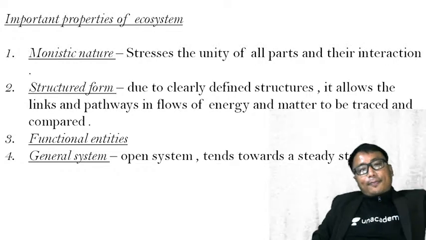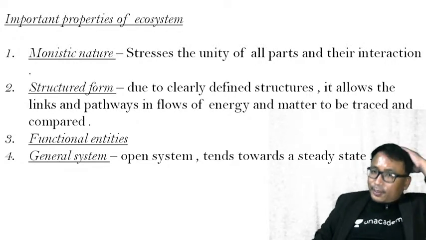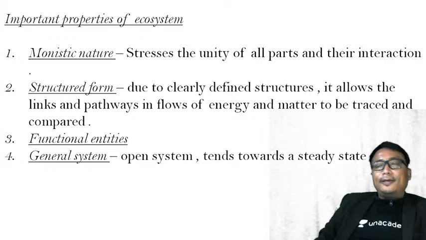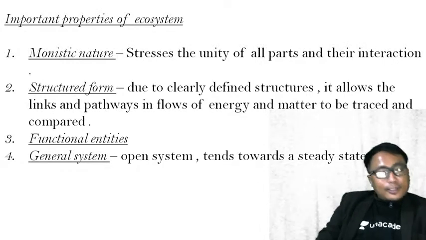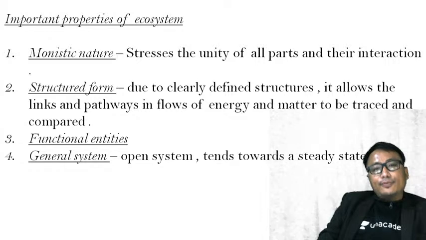Okay, system approach. One is the closed system where there is no interaction of any energy or material to the system or from the system. That is known as a closed system. Open system is where there is an interaction with the surroundings of energy or material. That is known as an open system.